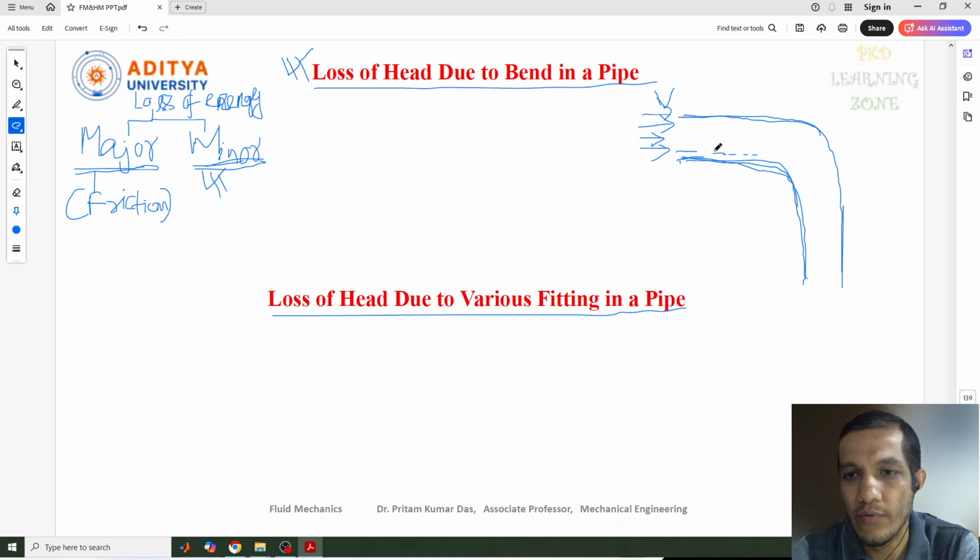Before the bend, the fluid covers all the surface area of the pipe in the flow.